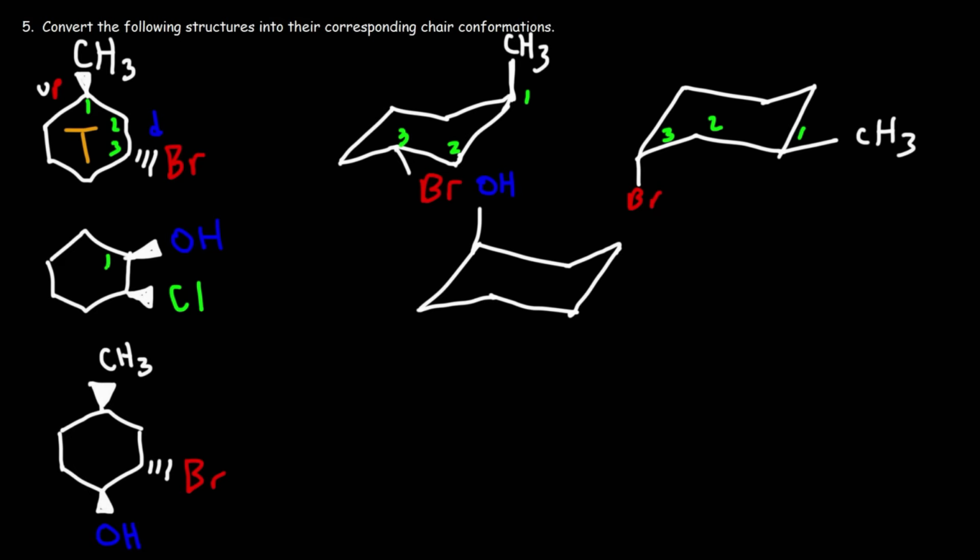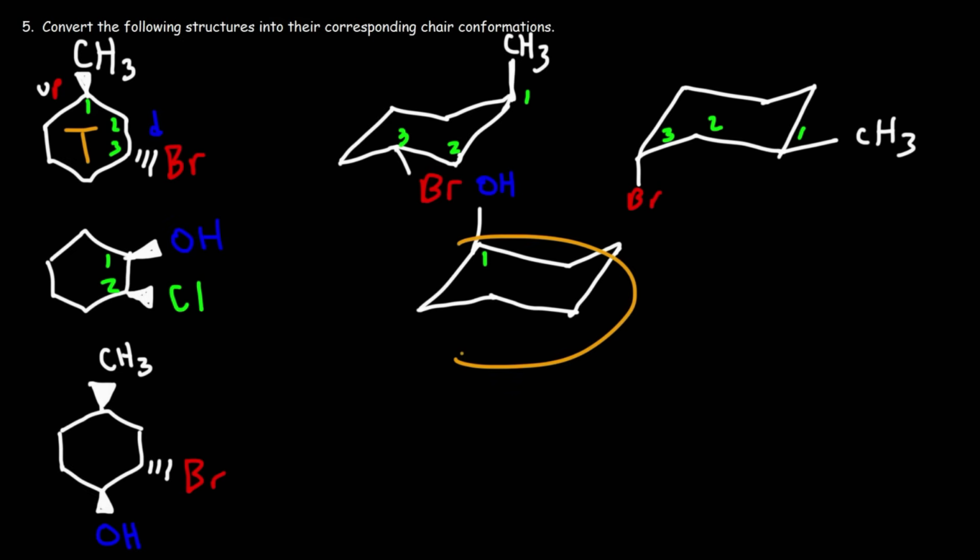Now let's number this. So let's put OH on carbon 1. Where should we put the chlorine atom? Should this be carbon 2 or should this be carbon 2? In a situation like this, we need to make sure that we're counting in the same direction. So here we're counting in the clockwise direction. So we need to do the same thing.